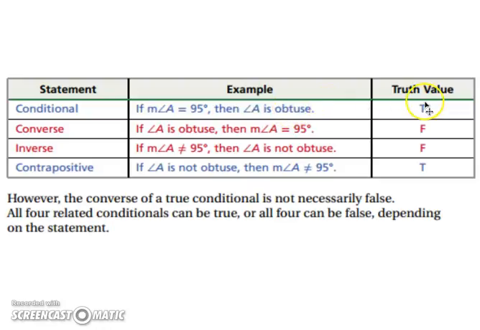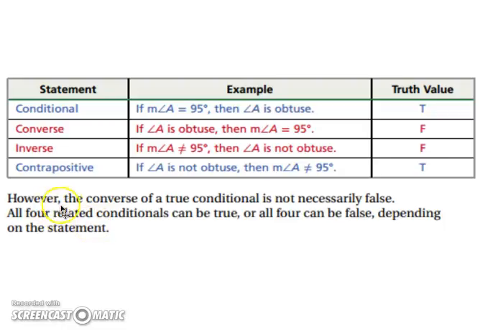We know that that is a true statement, but as soon as we flip your hypothesis and conclusion, you can come up with a counterexample for that. Same with if you were to simply negate your hypothesis and conclusion. So therefore, they have a truth value of false. Notice, they have the same truth value, and then your conditional and your contrapositive have the same truth value.